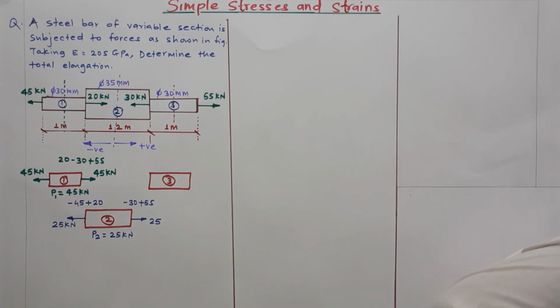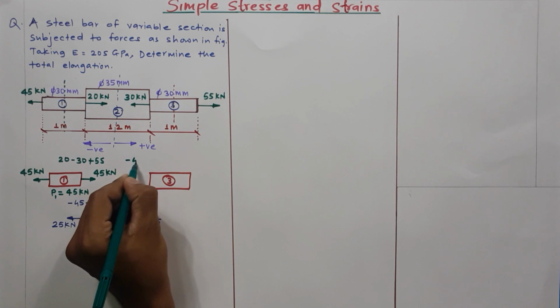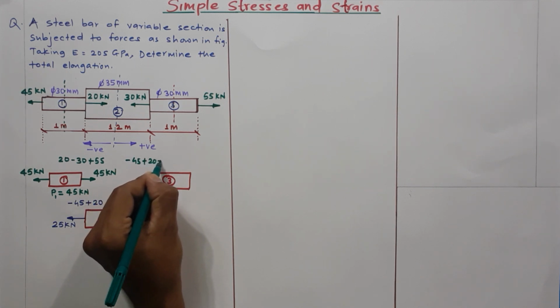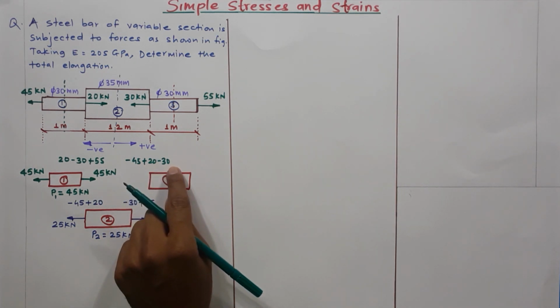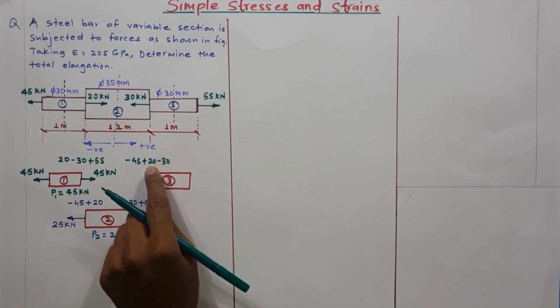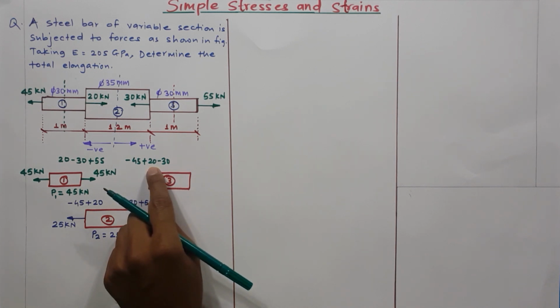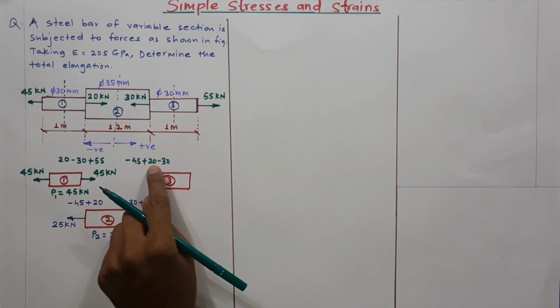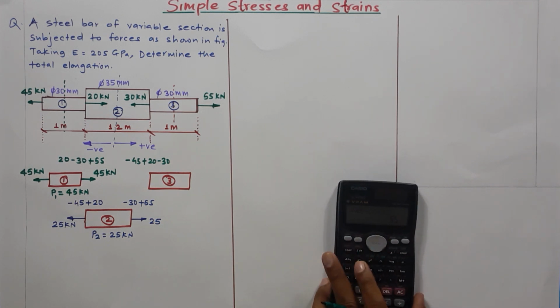Left side of forces are minus 45 plus 20 minus 30, that is 20 minus 45 minus 30 plus 20, and that force is minus 55.